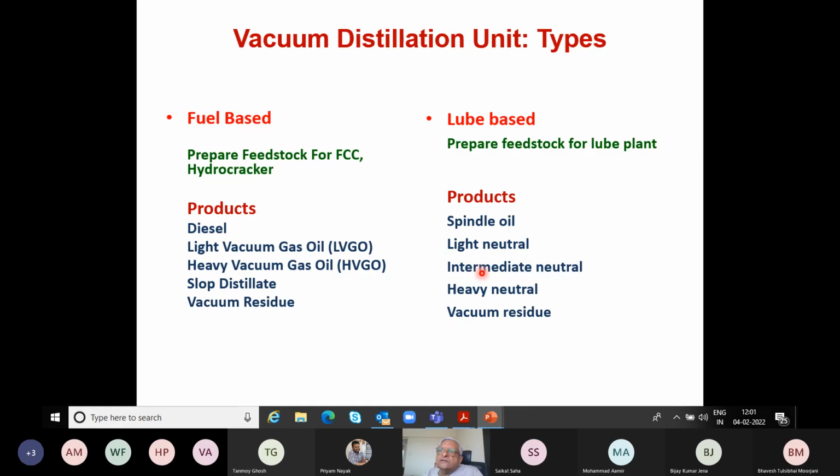In our country, there are three refineries producing lube oil based on the vacuum distillation unit producing these streams. IOC, the Indian Oil Corporation refinery at Haldia in West Bengal, which is very close to Calcutta. Then we have CPCL, Chennai Petroleum Corporation Limited, in Manali, on the outer suburb of Chennai.